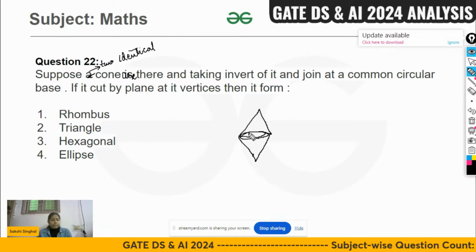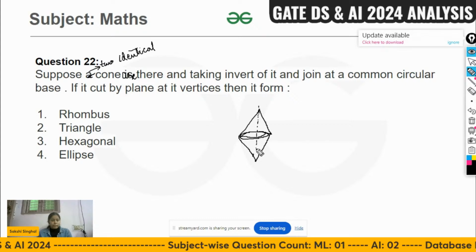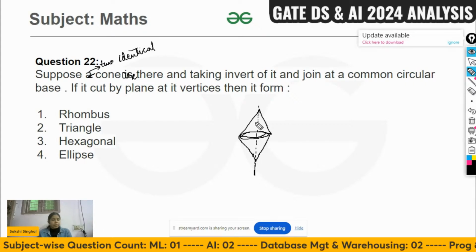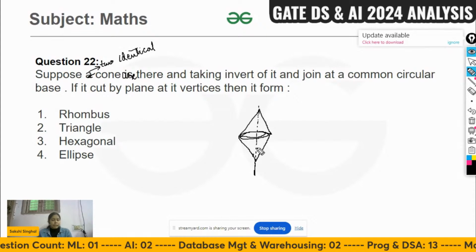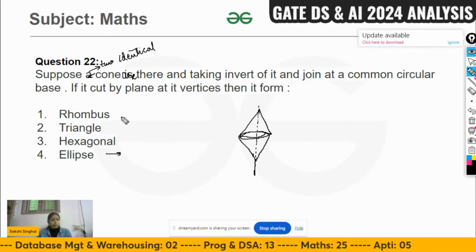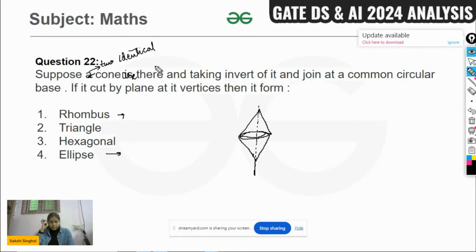Guys, see, if this is a cone and you cut it through the vertices, then I'll get a quadrilateral, and I have to decide whether that quadrilateral would be an ellipse or a rhombus. Students told me that it is a right circular cone.